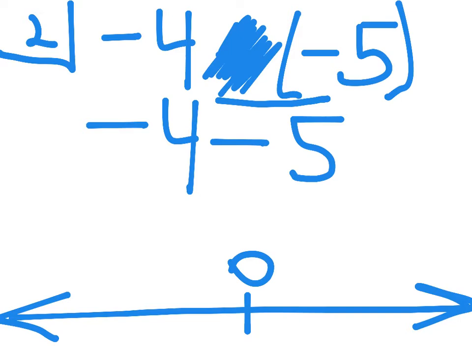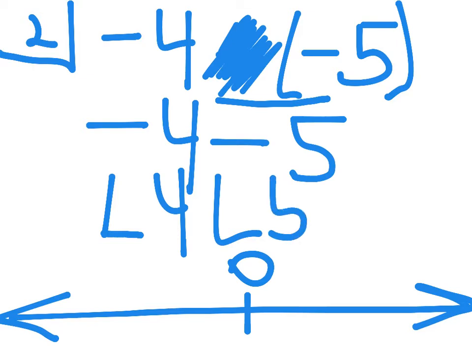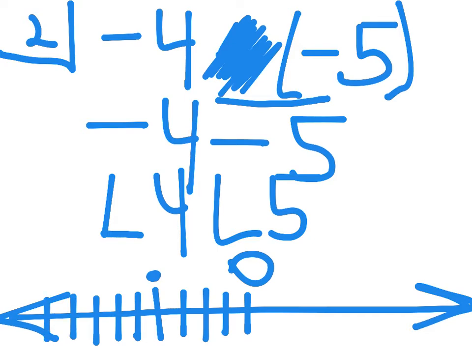All right, now again, we have negative. Anytime we have a negative or a minus, we write an L for left. So -4 minus 5 really means go left 4, left 5. Now, as you do this, this is the reason I'm teaching it this way. There's -4. Then I go 1, 2, 3, 4, 5, and I end right there.